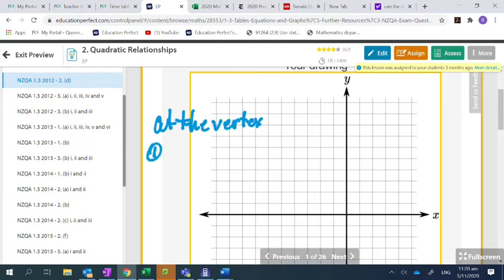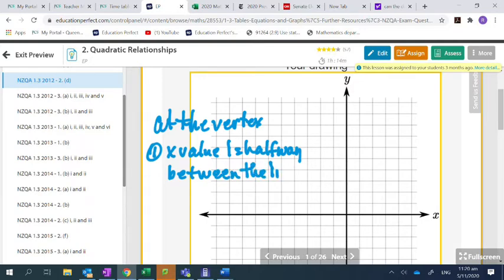First, the x value is halfway between the intercepts. So we said this one was at 2, this one was at 4. That's 6 places. So that halfway point is at -1. So if x equals -1, simply substitute to find the y value.